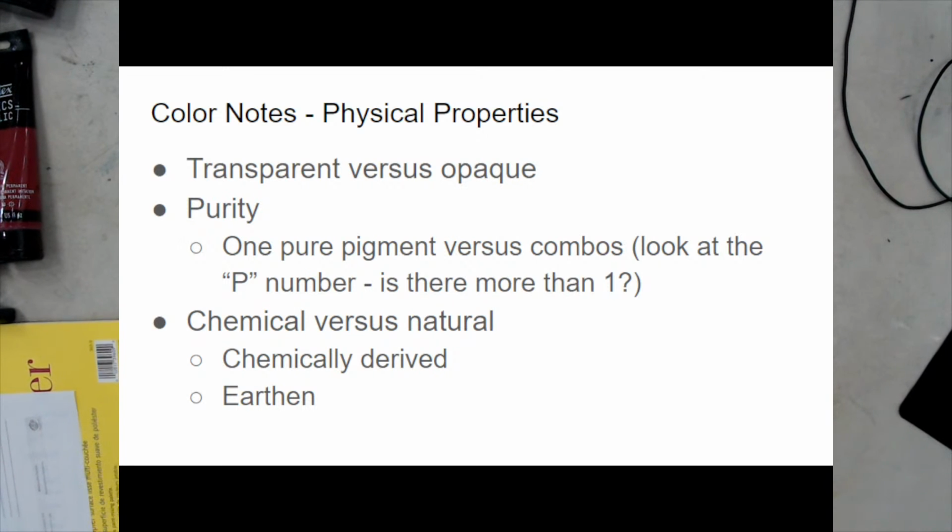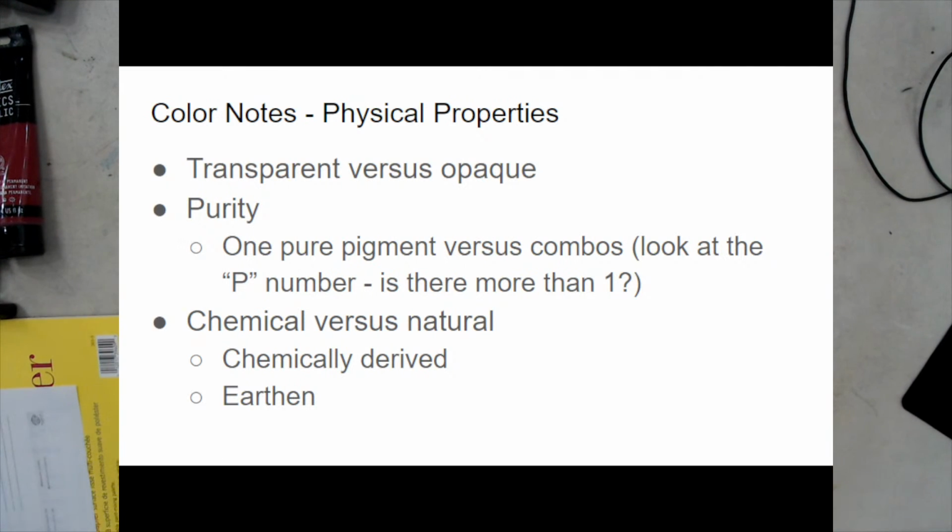So we have chemical pigments versus natural pigments. Some of them are derived from the earth. There are some pigments that are earth pigments made from minerals, like earthy burnt sienna, burnt umber maybe. The blacks might be more mineral, the titanium white, and then you have some more chemical ones that are made with dyes.